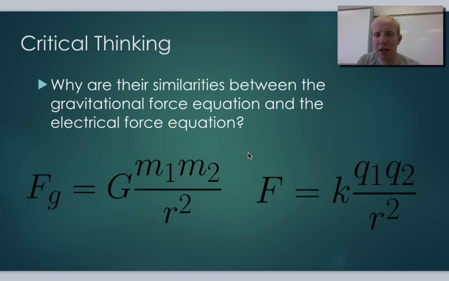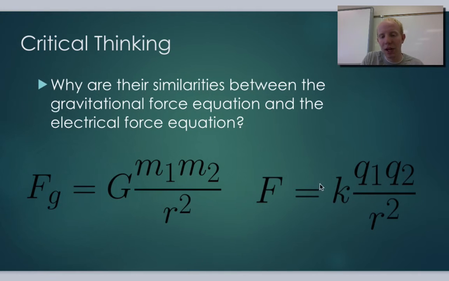If you think about it, they're both fundamental forces in physics. They both have to spread out into the same space, so they behave in the same way, because they both depend on a quantity and the distance between the objects. Gravity depends on the mass quantity, electric force depends on the electric quantity, but they're both spreading out into the same space.